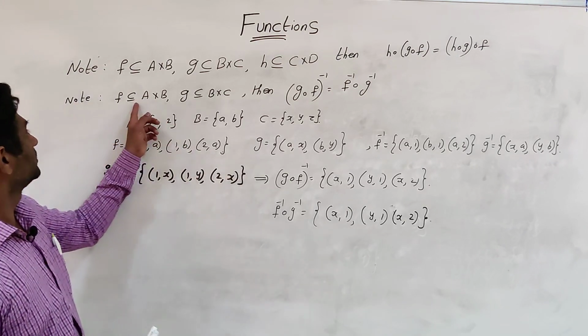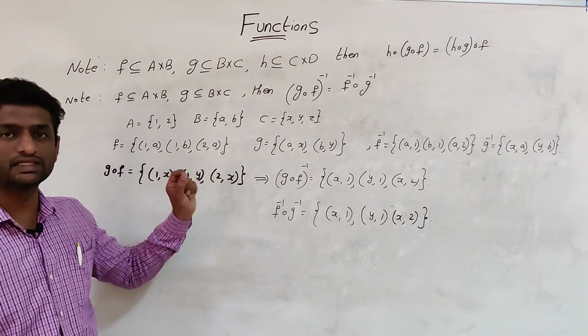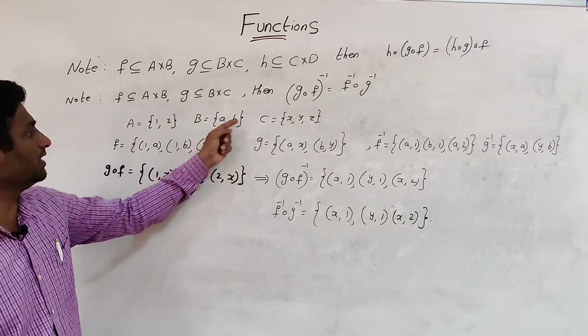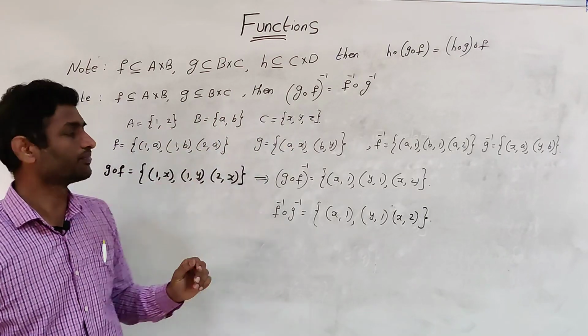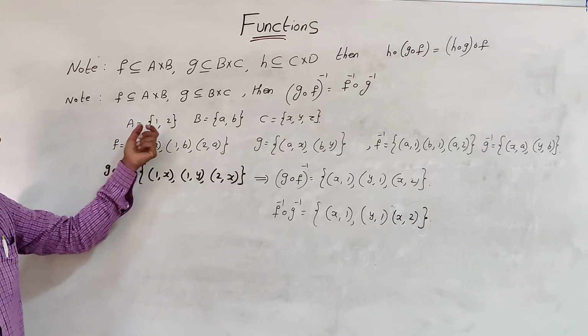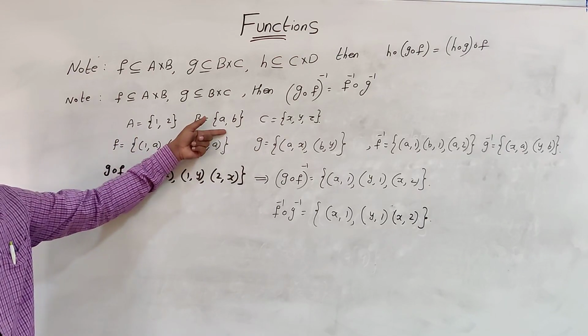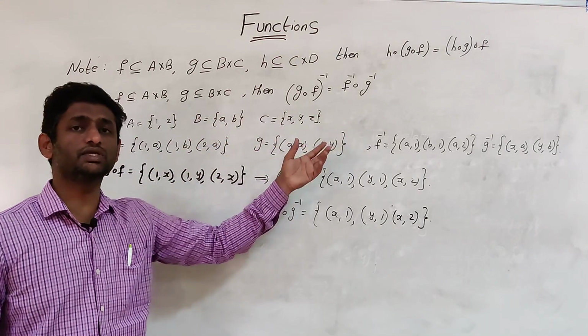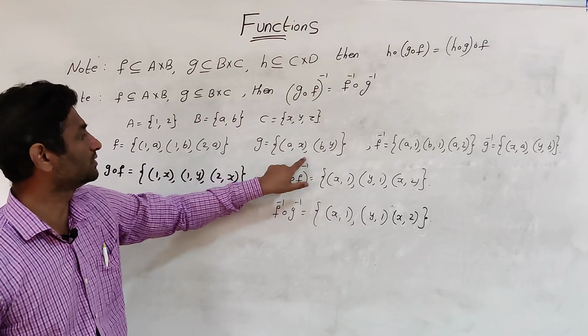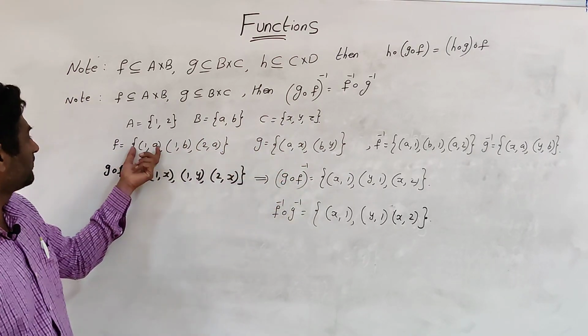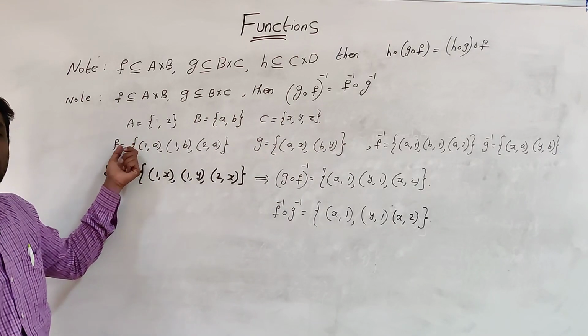So based on this theorem, we'll go for one example. If A is a set with 1, 2, B is another set a, b, C is another set x, y, z. So F is a relation from A to B, which is a subset of A cross B. G is another relation which is a subset of B cross C. If F is a relation from A to B, then what will be F inverse?